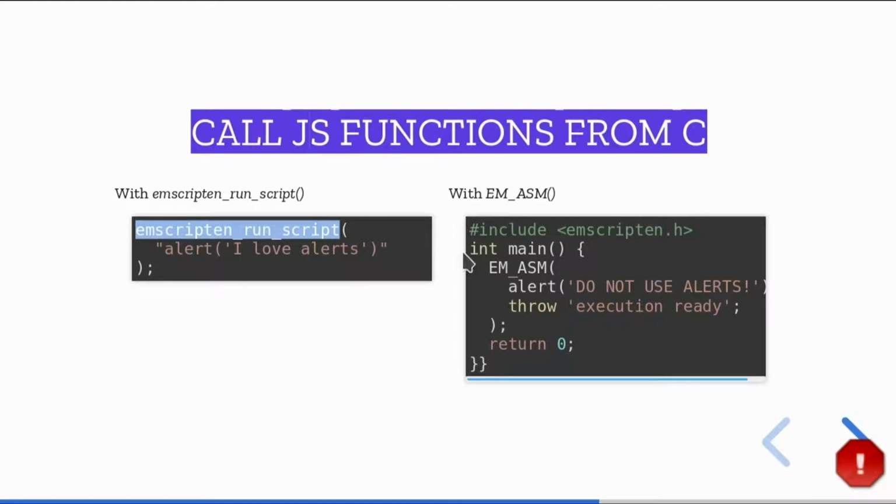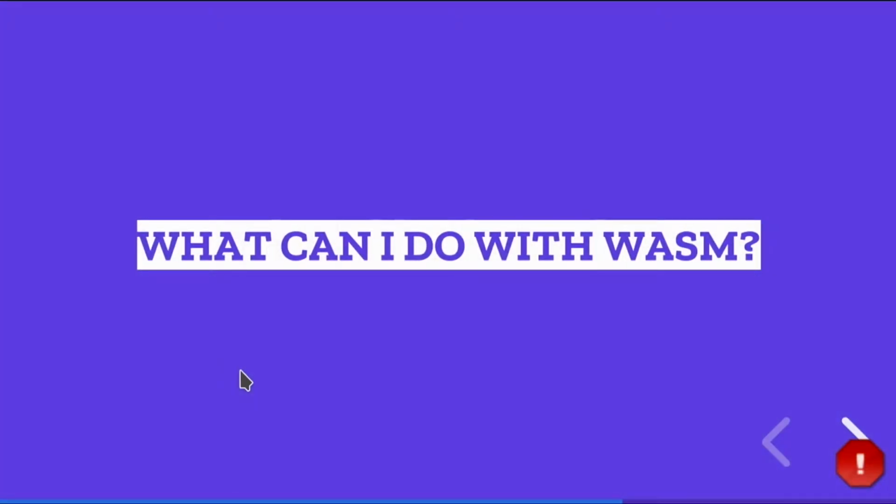And then from C, with this function, you can start writing JavaScript code. And the cool thing is that, this looks weird, coding JavaScript inside C, but it's doable. So you can call any JavaScript code from C, or PHP, or TypeScript, any language that you like.